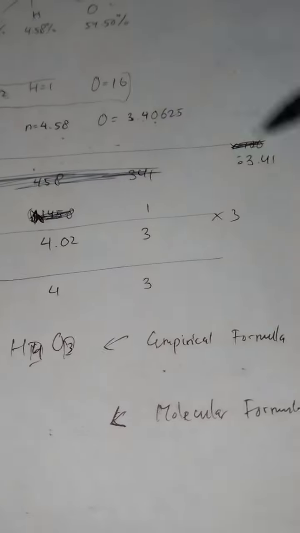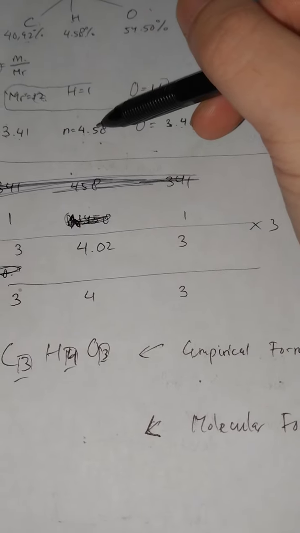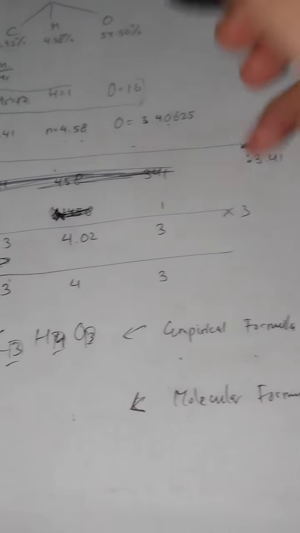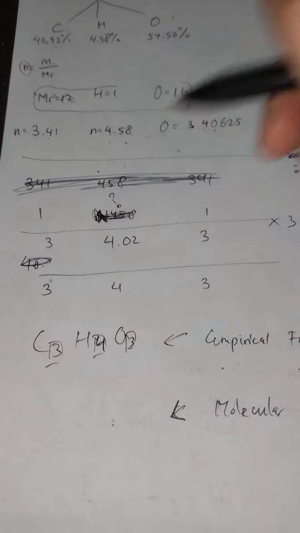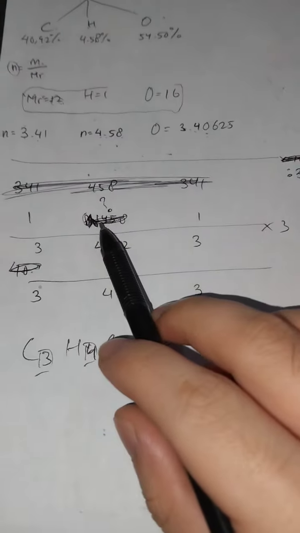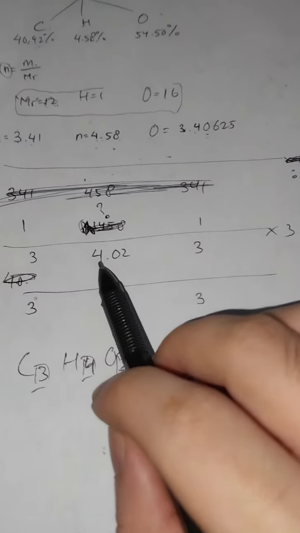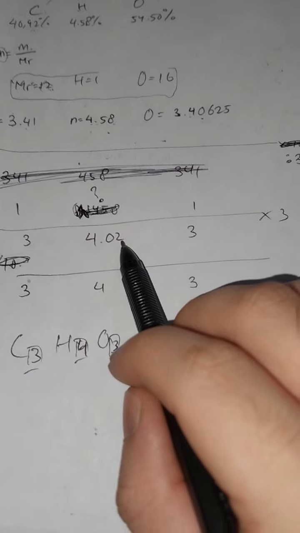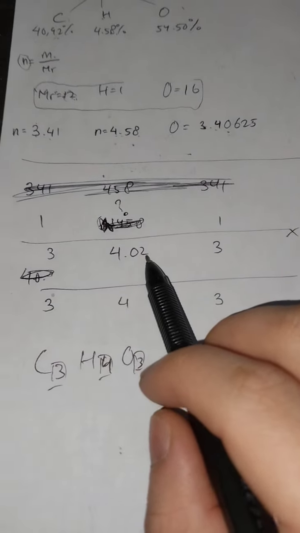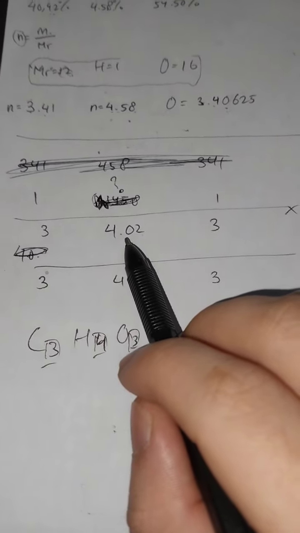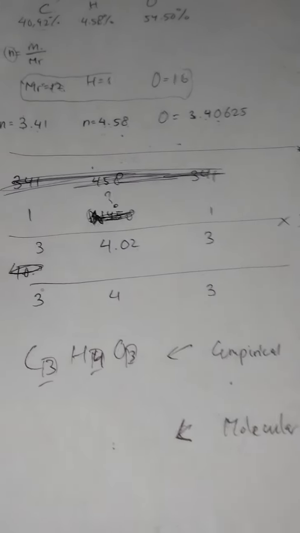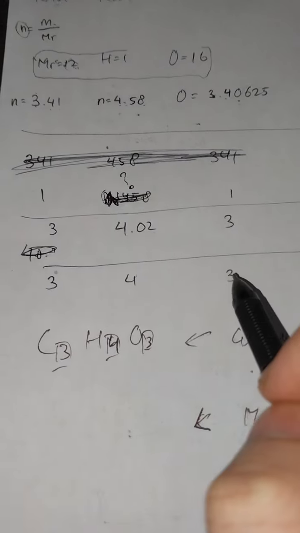Justin, please try to type on your calculator 4.58 divided by this. What is the answer again? When I times 2, I still get a very bad decimal. When I times 3, I get 4.02, which I know is meant to be rounded to 4. So I get 343.